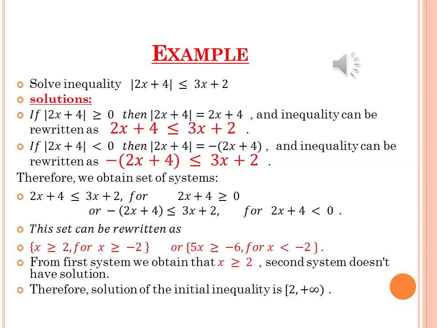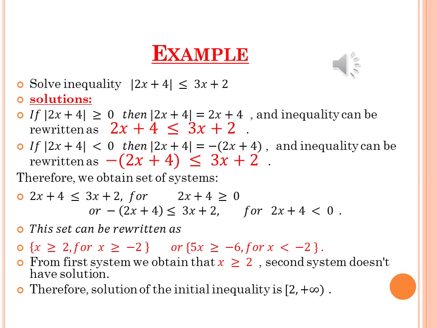Second, if 2x plus 4 is less than 0, that means the absolute value is equal to negative of 2x plus 4. Substitute: negative bracket 2x plus 4 less than 3x plus 2. Solving it, we get the result.